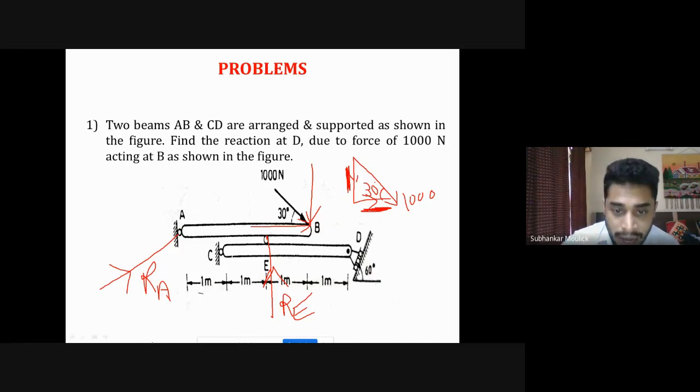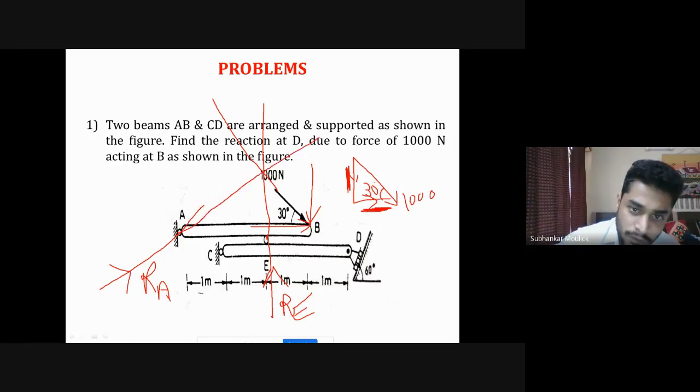Now see, the line of action of RA is this. The line of action of this 1000 Newton is this. So definitely the reaction RA will be in this inclined direction. Then only all the forces will meet at a common point. Understood?